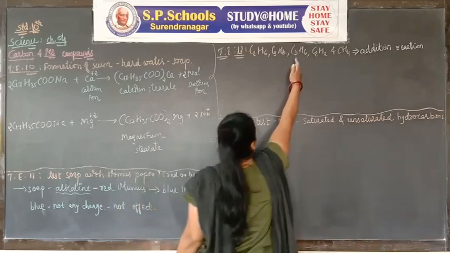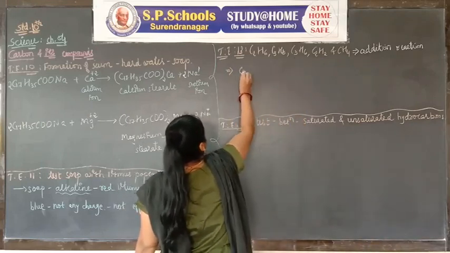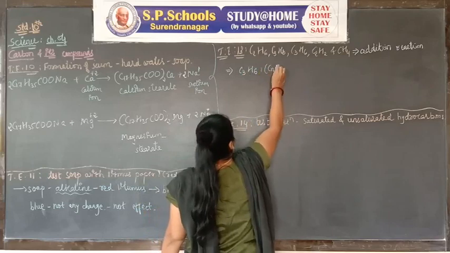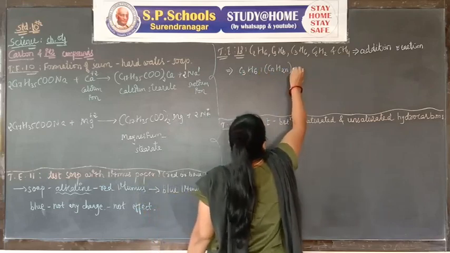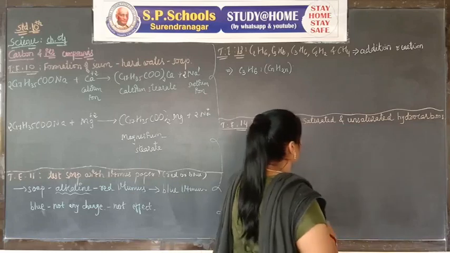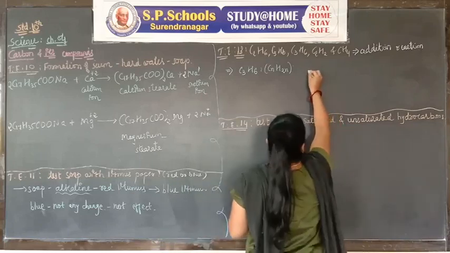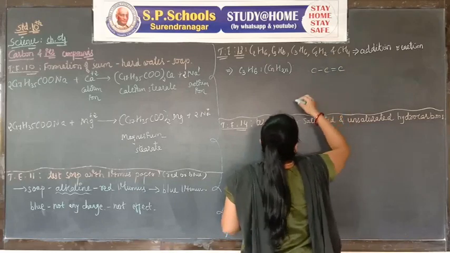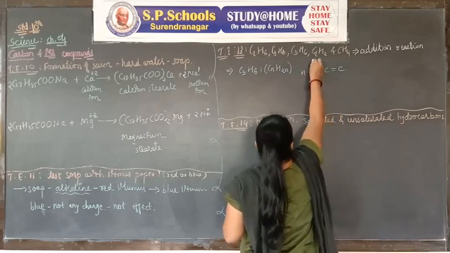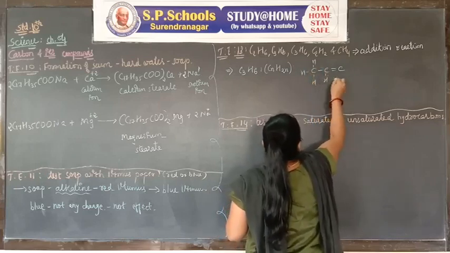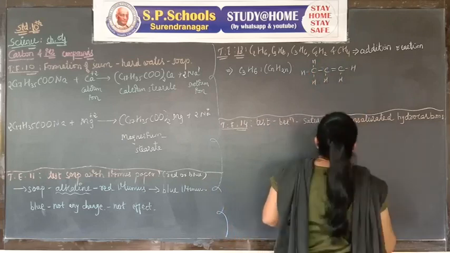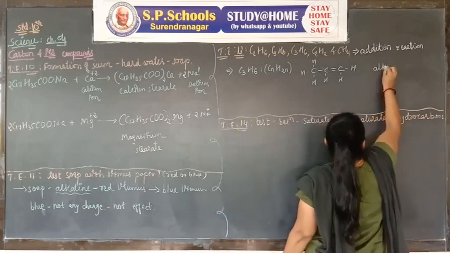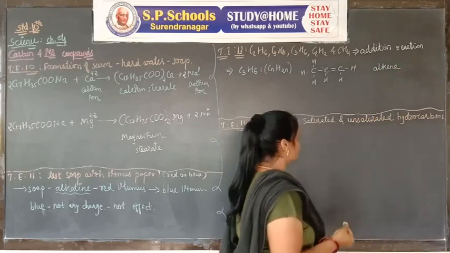First we take C3H6, which fits CnH2n, and has a C double bond C, so it is called an alkene, with formation of a double bond.